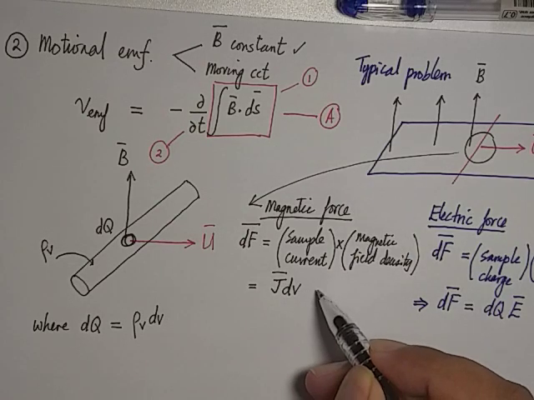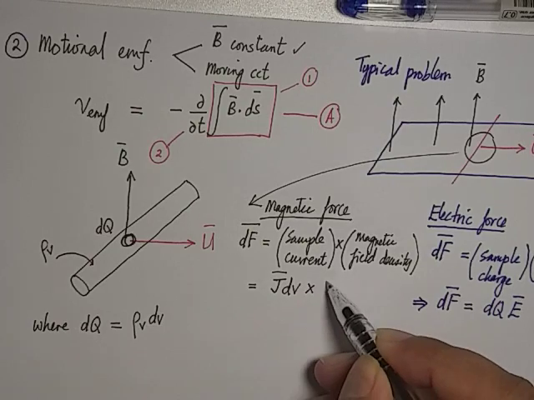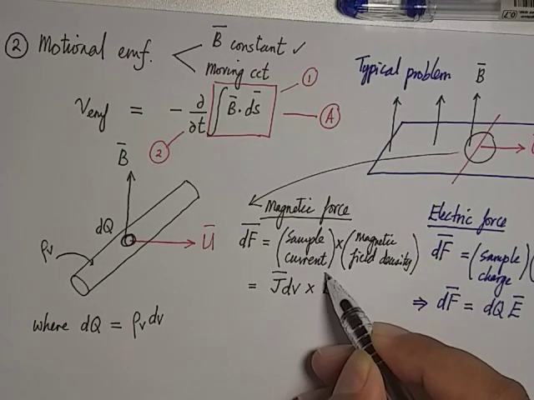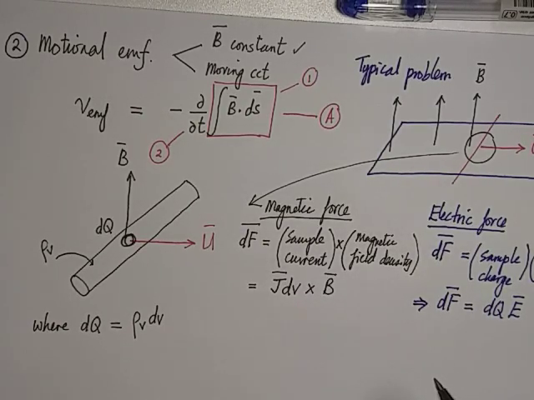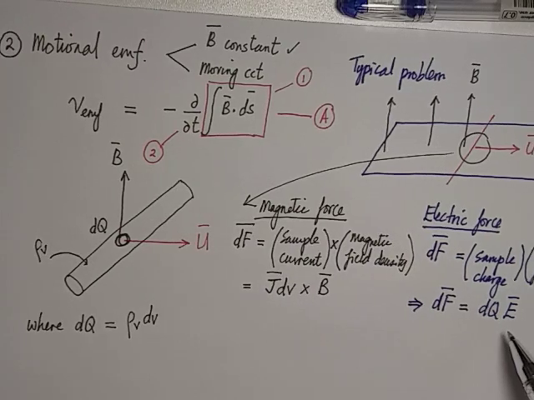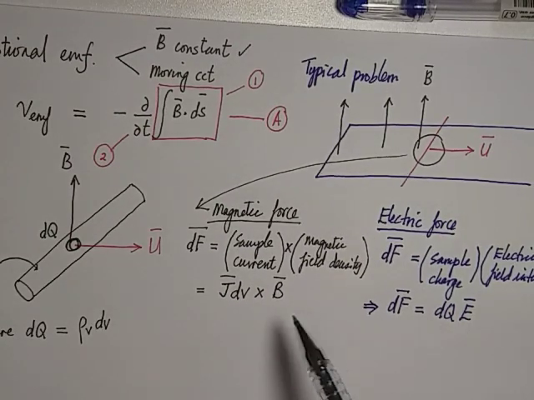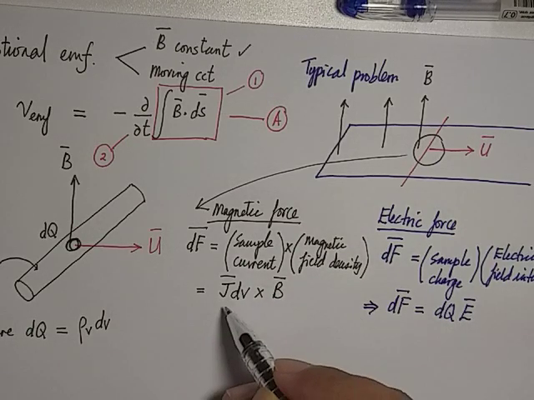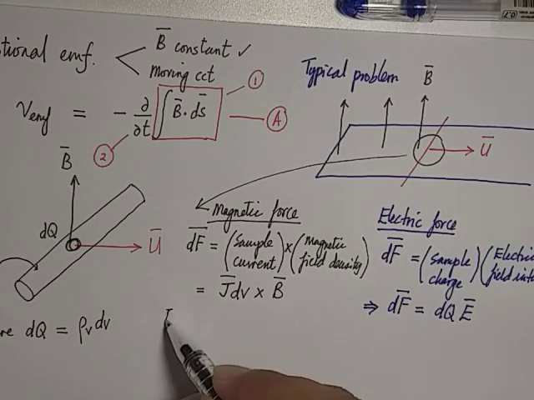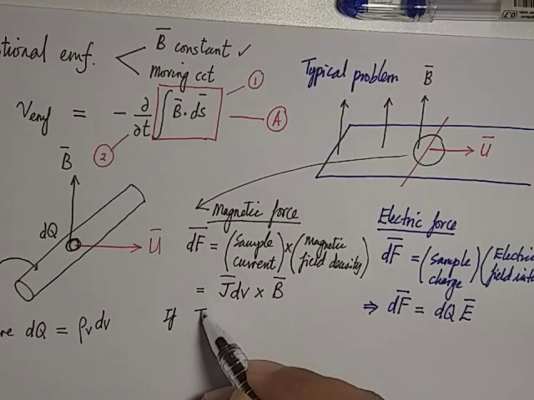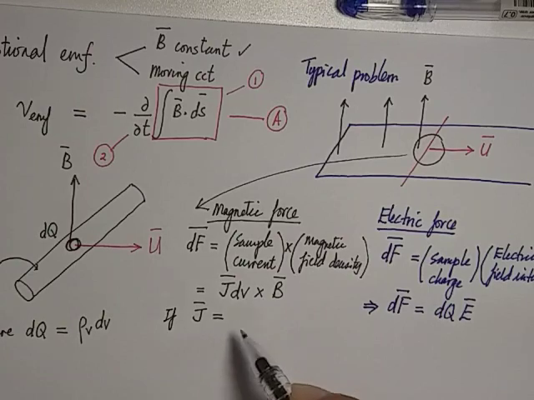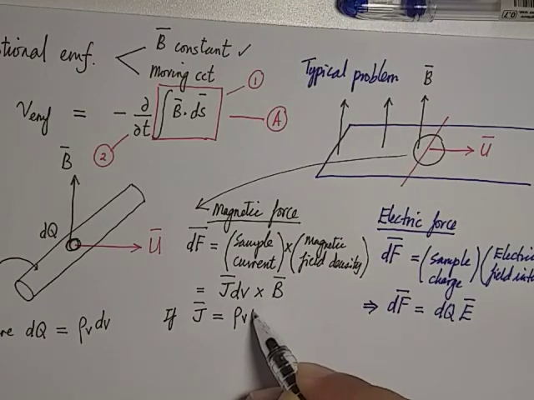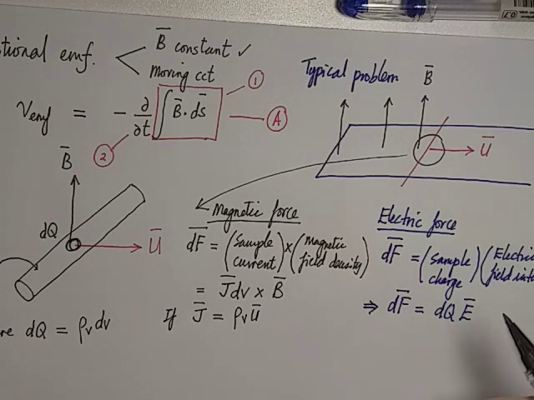And then we're going to cross with B here. That is slightly different than before: before intensity, now density. So this should be the mathematics. If I substitute J equal to rho v u, remember the model that we created before when we talked about current?